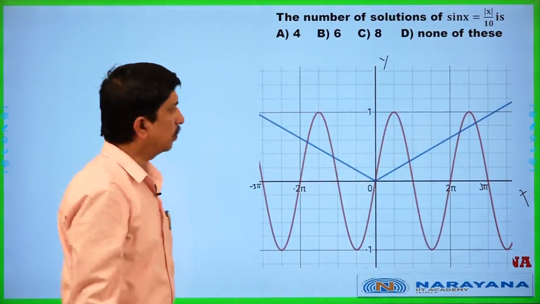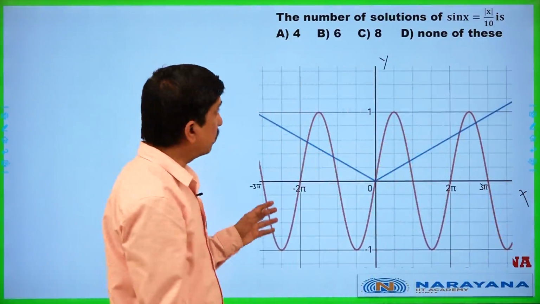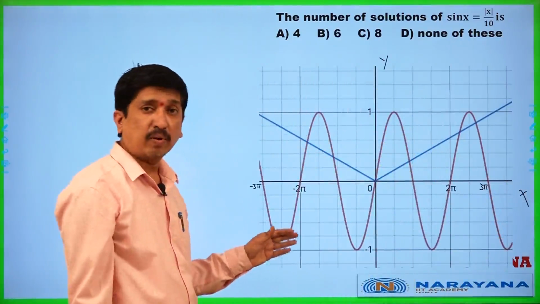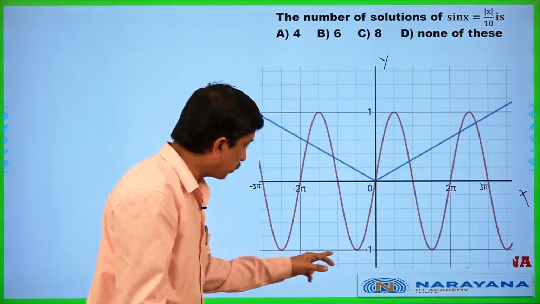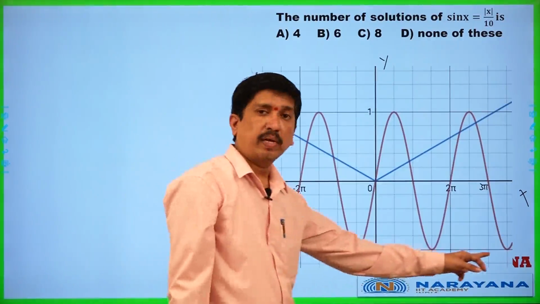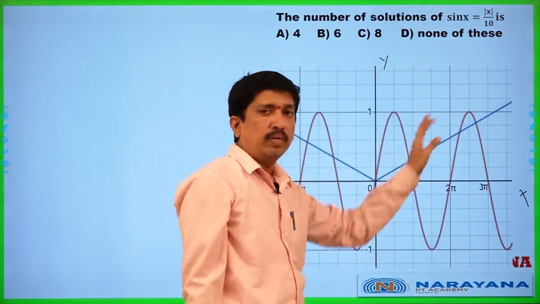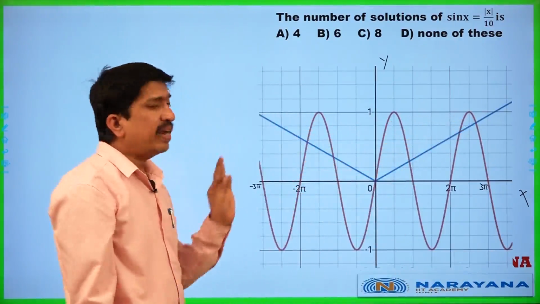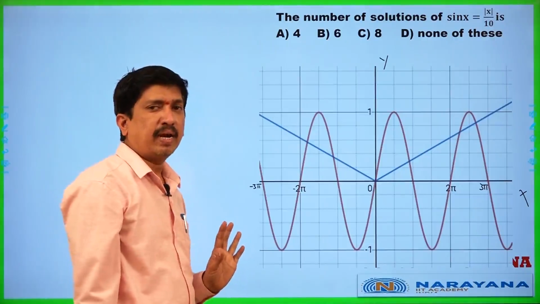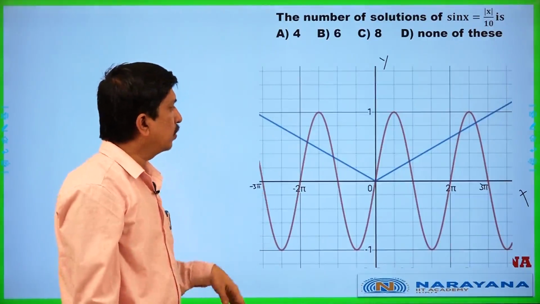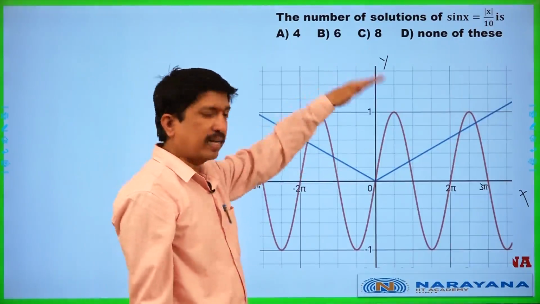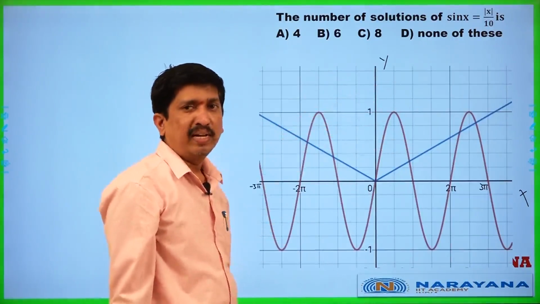The sin x range is minus 1 less than or equal to sin x less than or equal to 1. The minimum value of sin x is minus 1, and the maximum value is 1. Mod x by 10, modulus is always positive, so above the x axis only we are getting that blue line, it is a straight line.